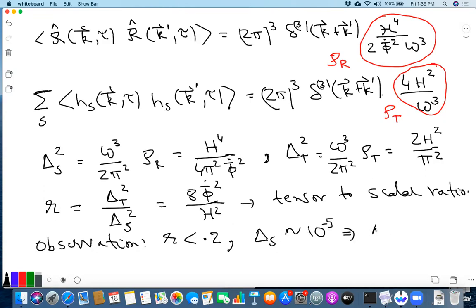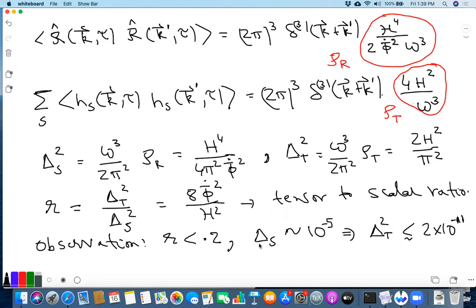And this tells us from this definition that R is delta T square over delta S square, so delta T square is less than of order 2 times 10 to the minus 11, all using natural units. Basically you square it and then you multiply by r. That's what gives you 2 times 10 to the minus 11.